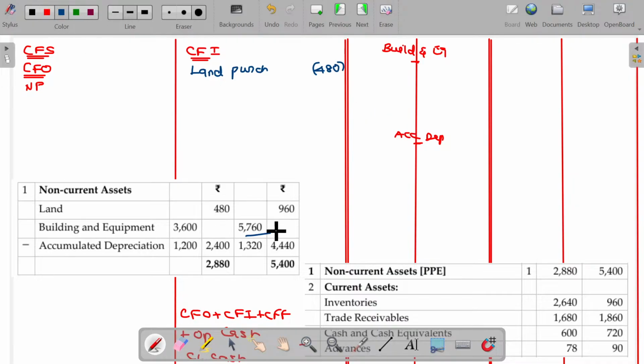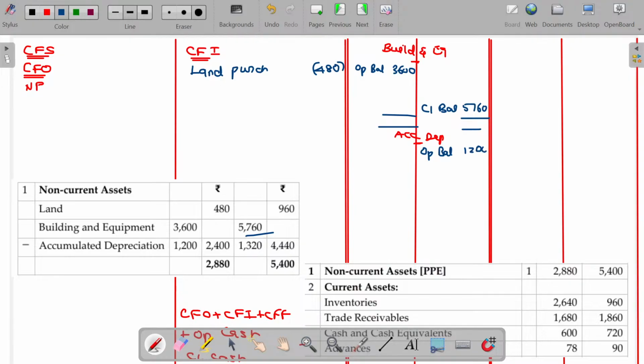Opening and closing value of the building: opening balance 3,600, closing balance 5,760. Accumulated depreciation on this in the beginning, opening balance 1,200.